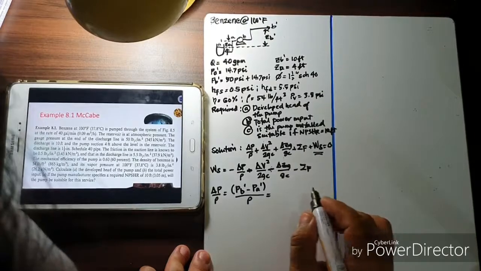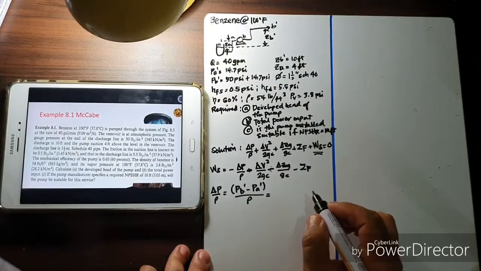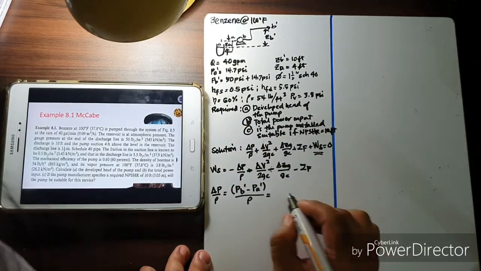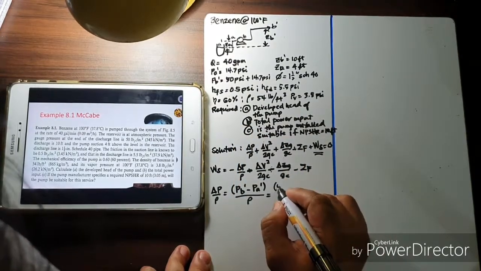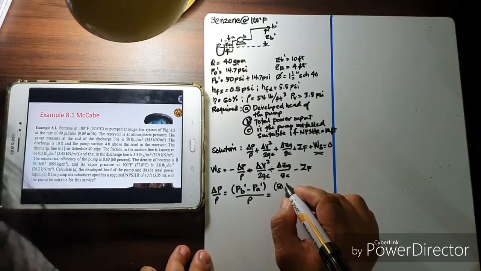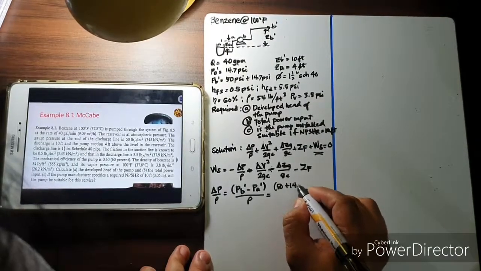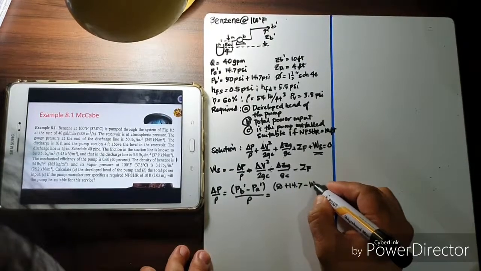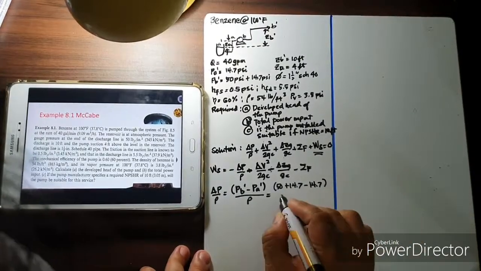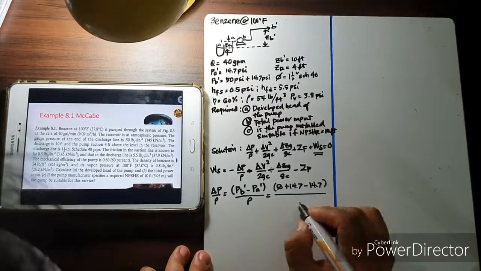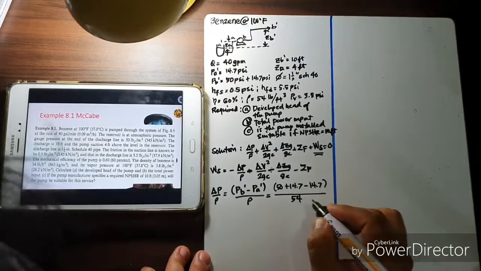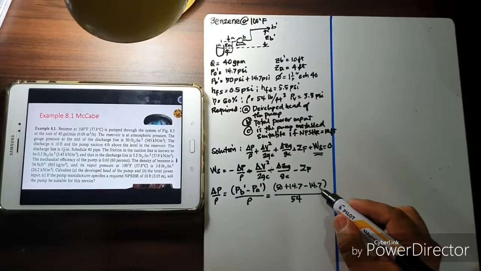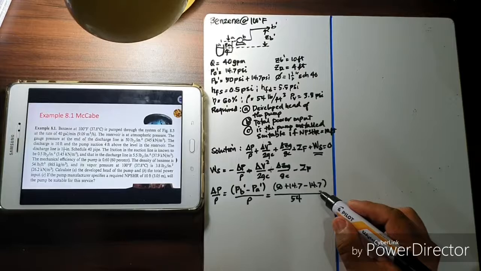This is then equivalent to our P B prime, which is this one, 50 plus 14.7. So this will become 50 plus 14.7 because that is gauge, minus 14.7 divided by the density, which is equivalent to 54. Now, as you can see, this is pound force per square inch.